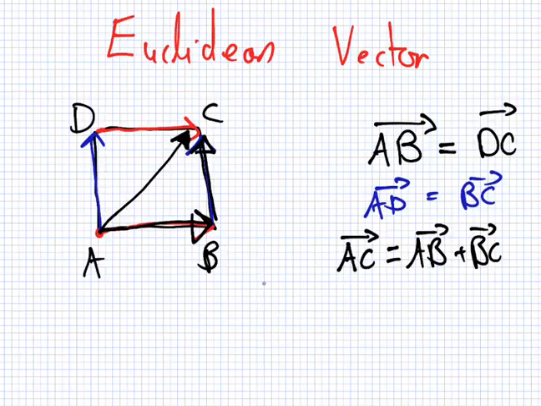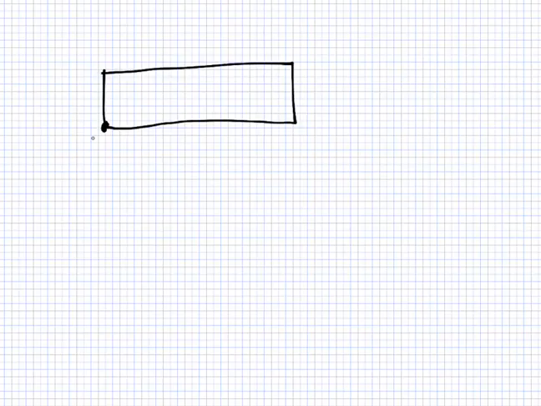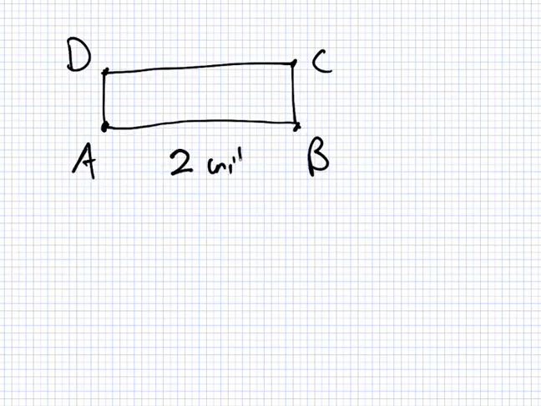Right. So let's have a look at a more complicated picture here. Can I scroll down? So what I'm going to do is draw a rectangle, A, B, C, and D. And I'm going to tell you that the sides are in a proportion of 2 units on the horizontal and 1 unit on the vertical.